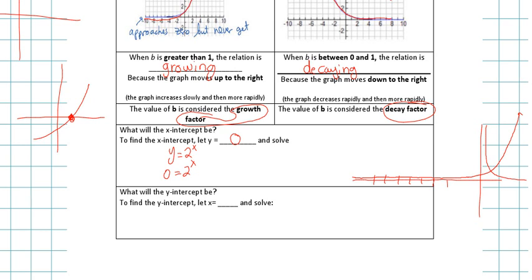You guys remember that? Unless I actually have a translation where I take this graph and bring it down, that's the only time you're going to start seeing x-intercepts. But in the basic ones that we're going to do in this course, we're not going to have x-intercepts. It's going to get close to that x-axis, but it's never going to reach it.